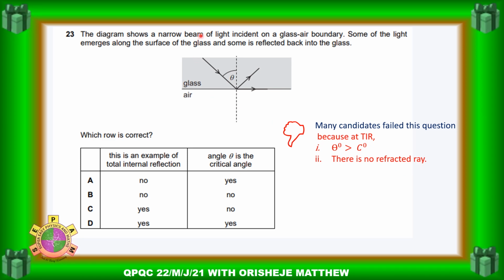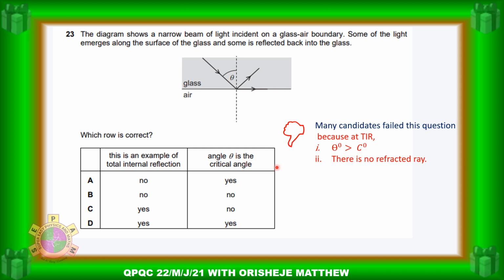Now at the critical angle, if you look at this diagram, the ray is refracted along the boundary between the glass and the air. So if total internal reflection takes place, this component will not be there. Everything will be reflected back into the glass.